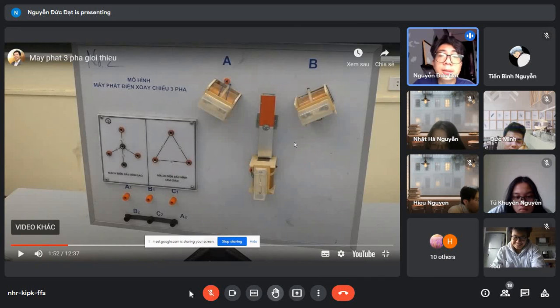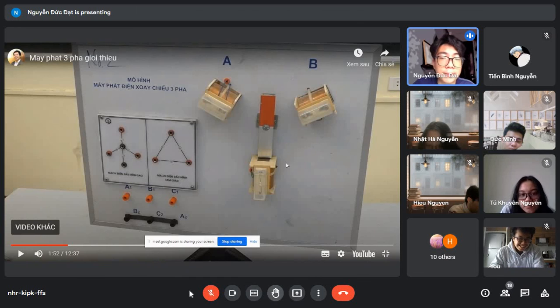But in real life, we often do not do that. We easily combine the three currents, although they have different phases, but we know how to combine those three currents into one and use them simultaneously.